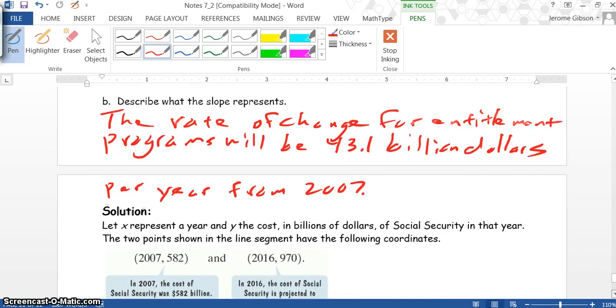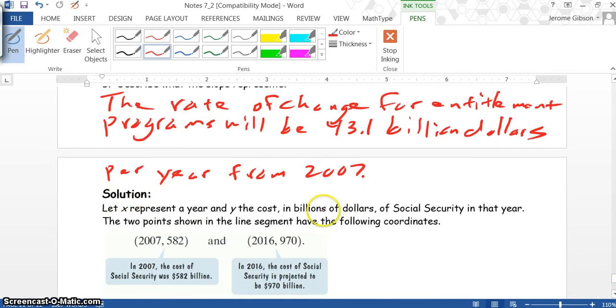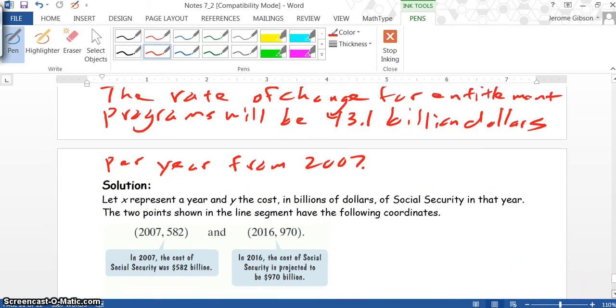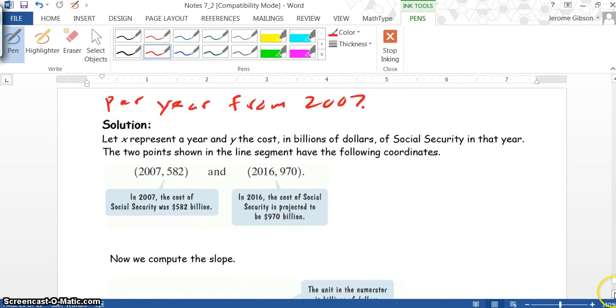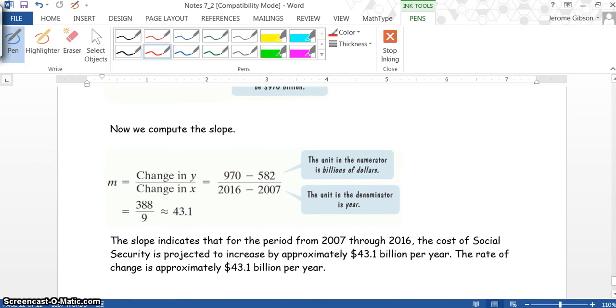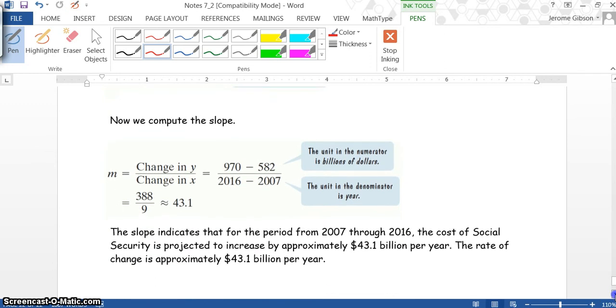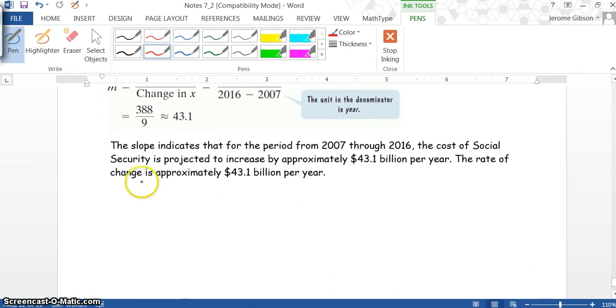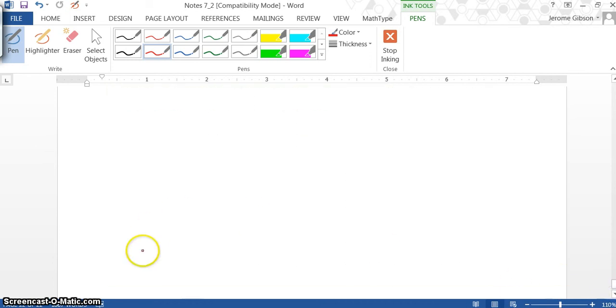Now we can look down here. We have our solution. Now this is our handwritten solution. This is the typed solution. And you can feel free to look at this at your leisure. And you can pause this video. And here it is. And we are done.